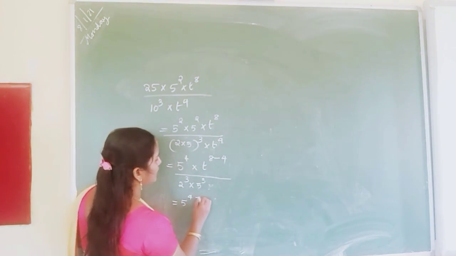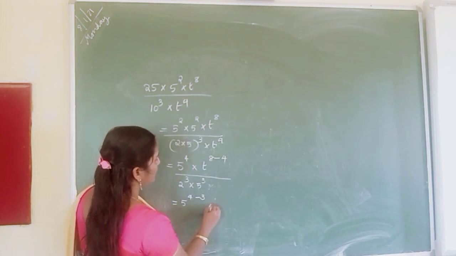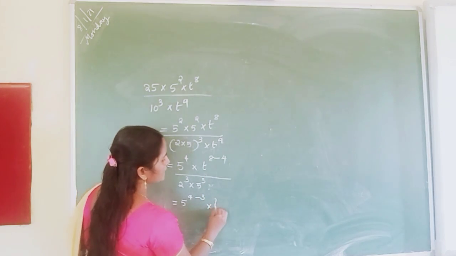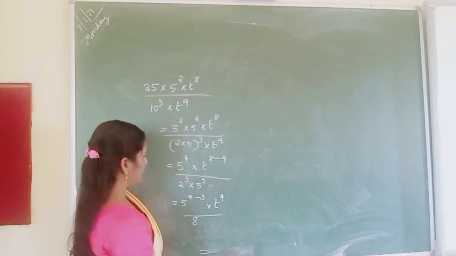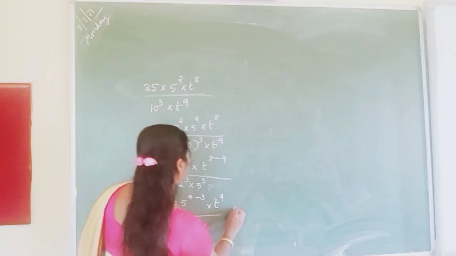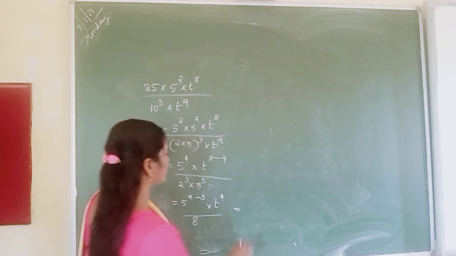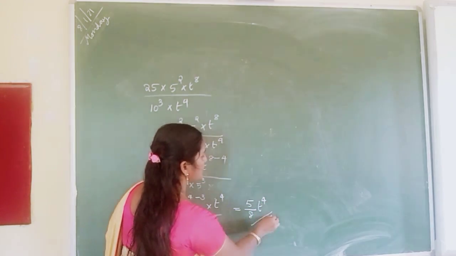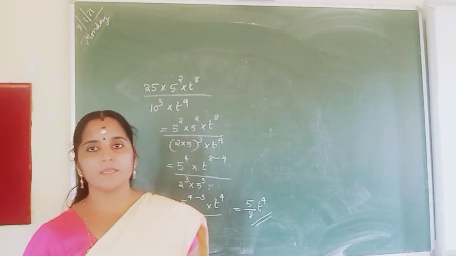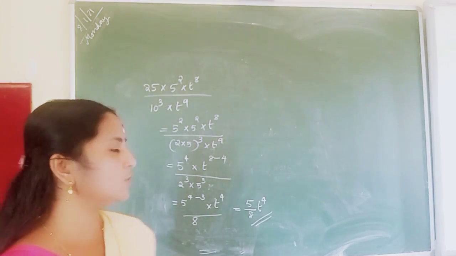It is a raised to m minus n into t raised to 8 minus 4 is t raised to 4 by 2 cube is 8. So 5 raised to 4 minus 3 is 5 by 8 t raised to 4. This is the final answer. 5 by 8 t raised to 4.